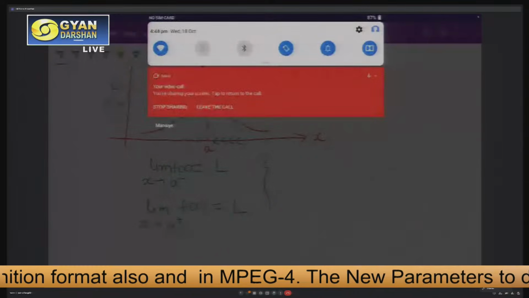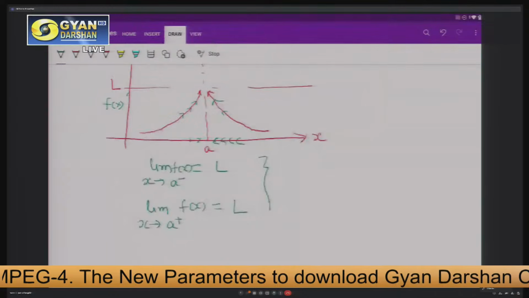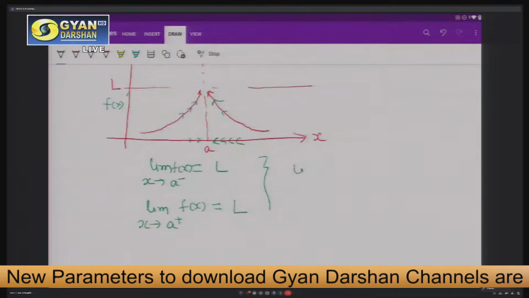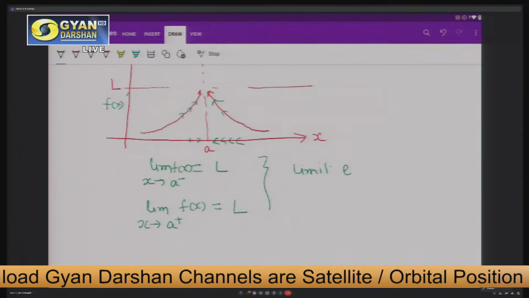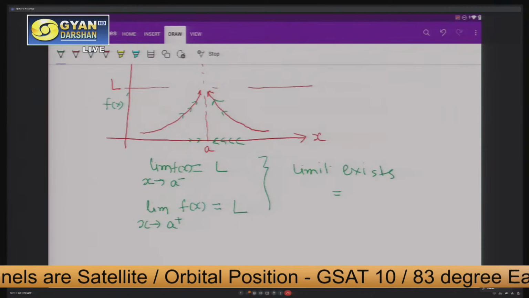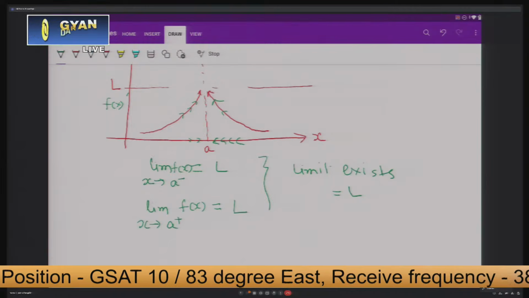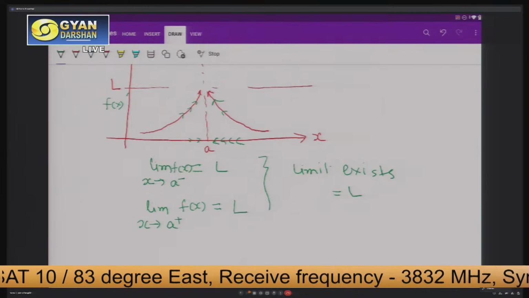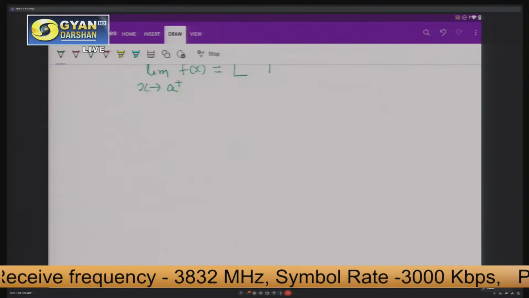So in this case, limit exists and this is equal to L. So you can see several examples.